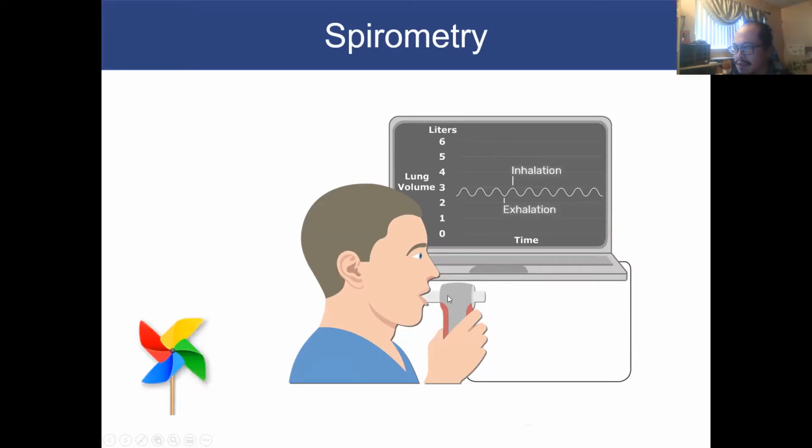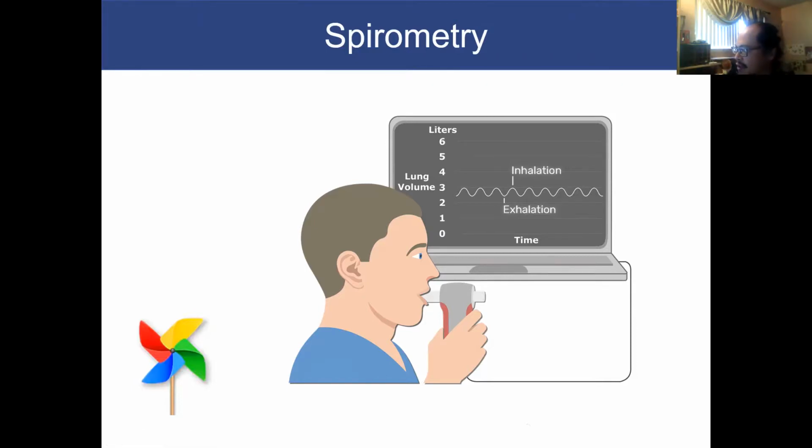We have a similar design here. You blow it, it will turn, and it will be recorded. Breathe in, breathe out, breathe in, breathe out. By doing so, we can quantify the amount of air you breathe in and breathe out, inhalation, exhalation. So that's that.